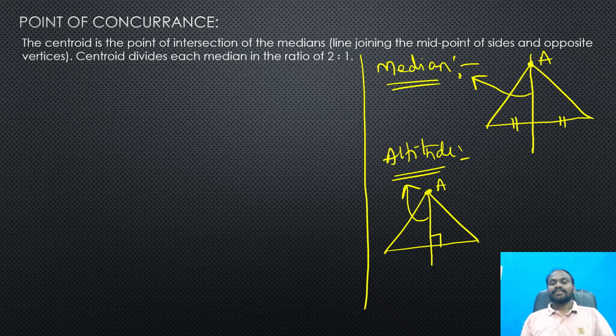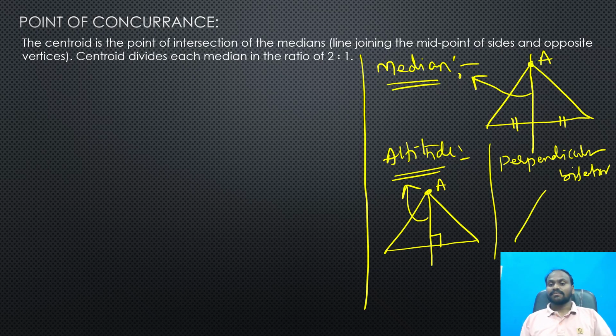Next we should discuss the perpendicular bisector. It is a combination of both median and altitude, though it may or may not be from the vertex. It can be from anywhere, but it is perpendicular to the opposite side and divides it into two equal parts. That is called a perpendicular bisector.